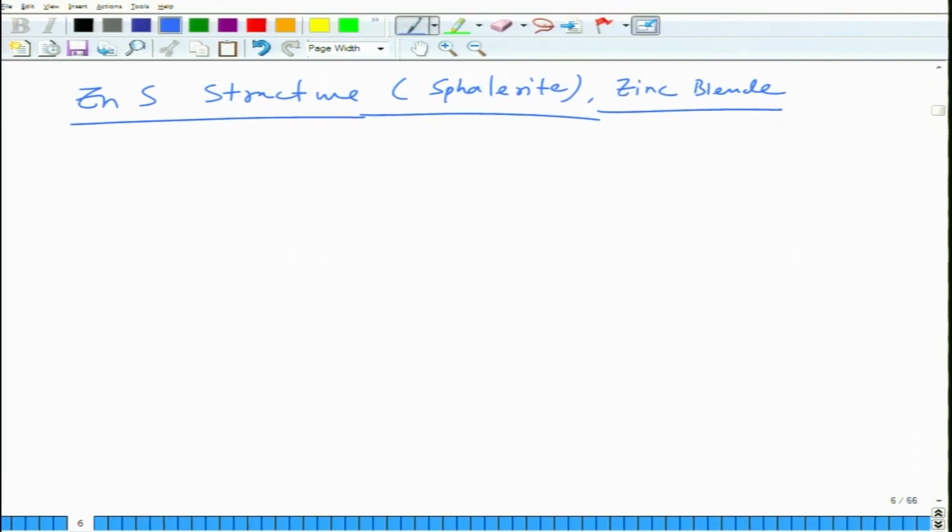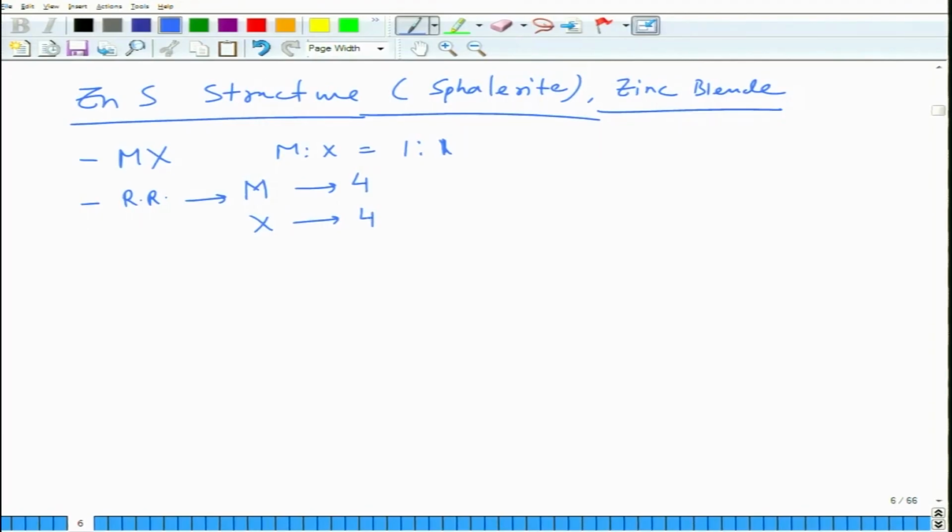Now, in this kind of structure, again it is an MX type of compound. The stoichiometry of M:X is 1:1, but the radius ratio requires that the coordination of M is 4, and the valences also require that the coordination number of anion is also 4.